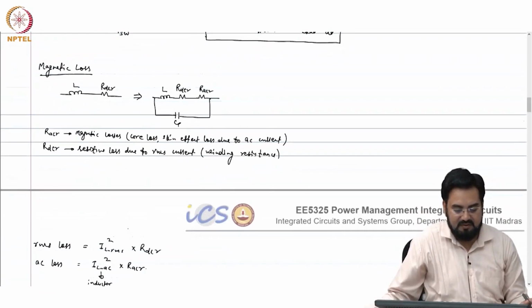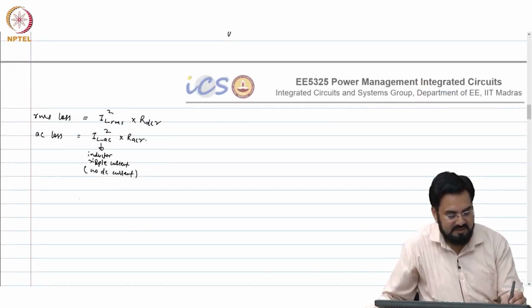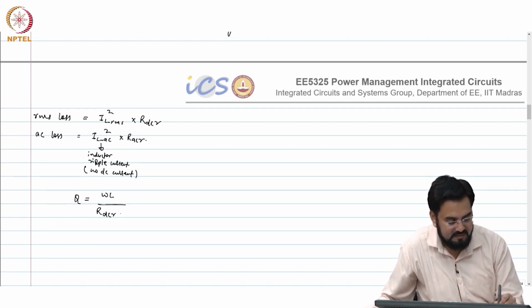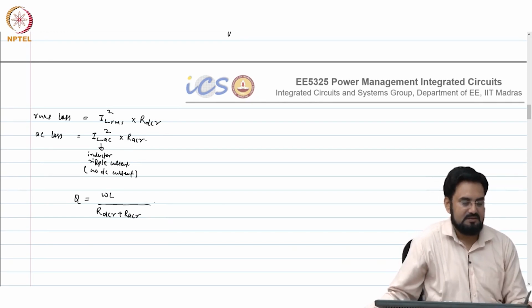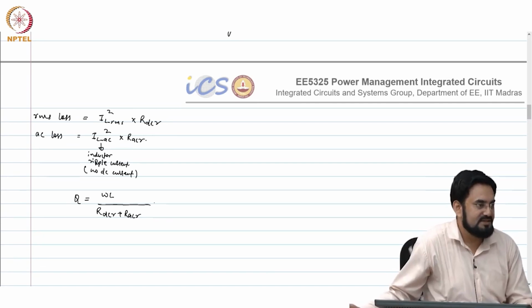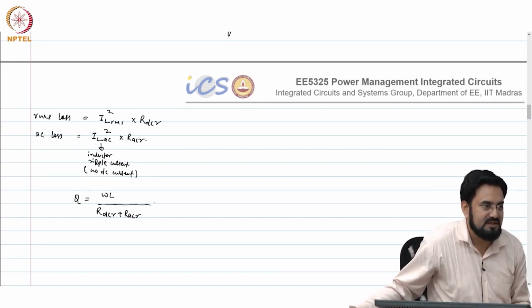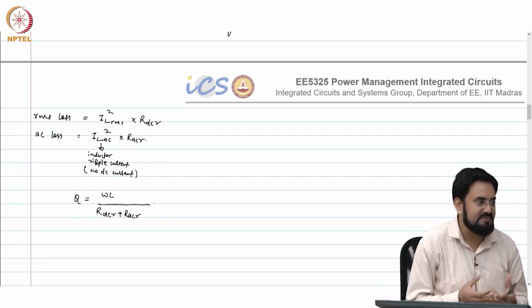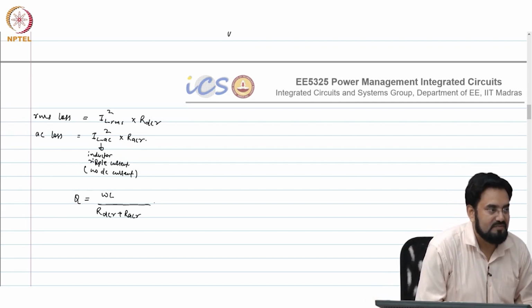And what if I want to write the Q of this inductor, what will be the Q? Omega L over total R, and total R is RDCR plus RACR. If Q is less, then losses will be high, the inductor will be poor. So, Q defines how lossy your inductor is.